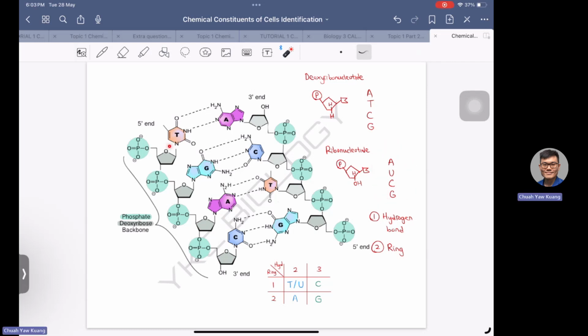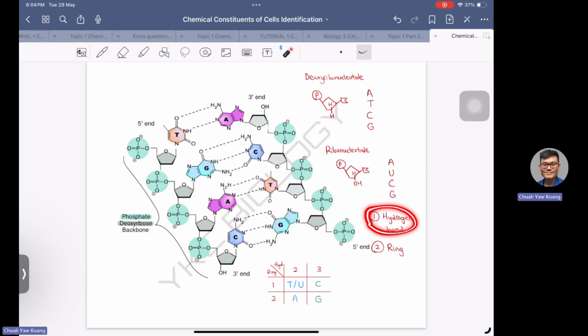As you can see here, for the first one, there are 2 hydrogen bonds formed. For those pairs of nitrogenous bases that form 2 hydrogen bonds, it must be A and T, adenine and thymine, because only adenine and thymine will form 2 hydrogen bonds.